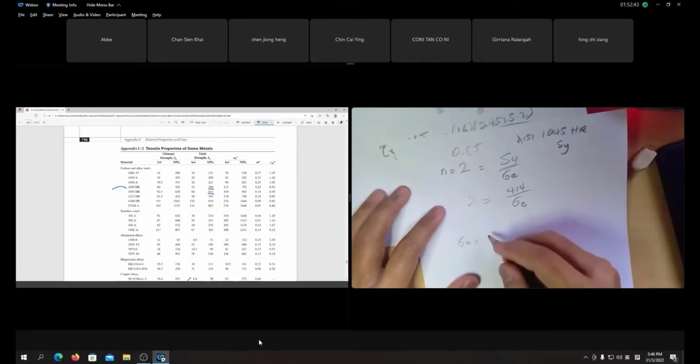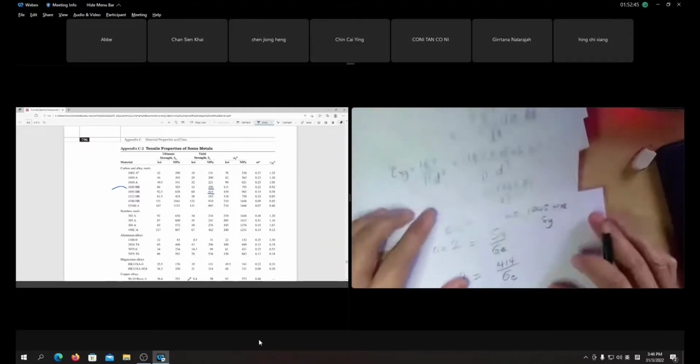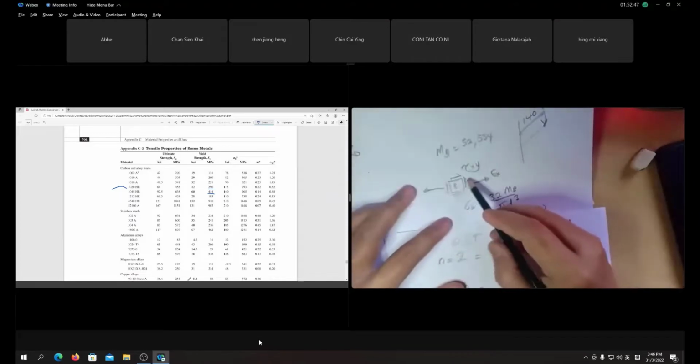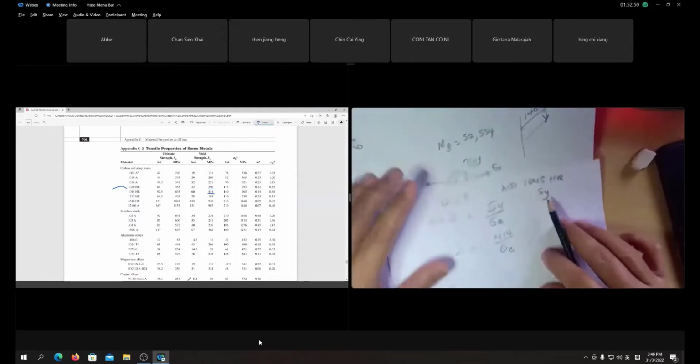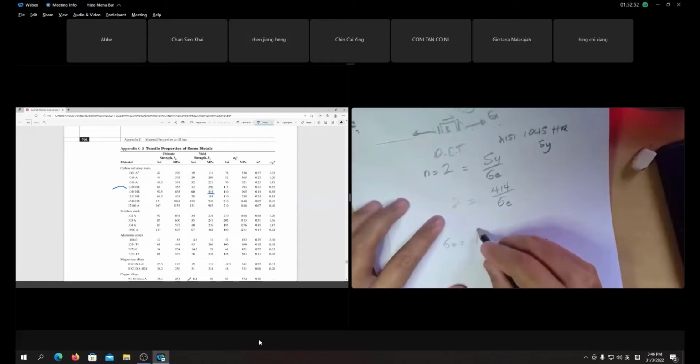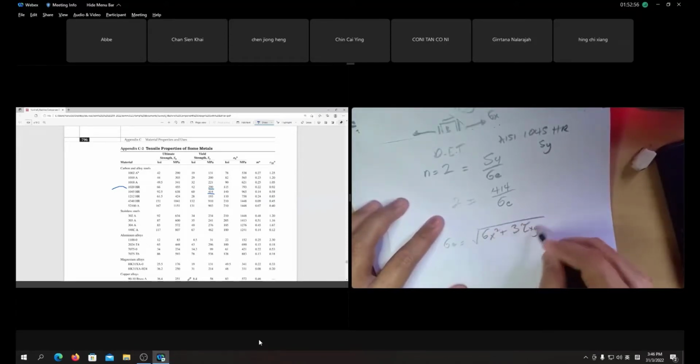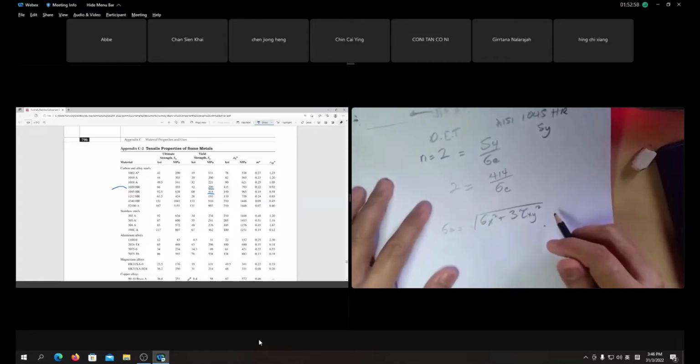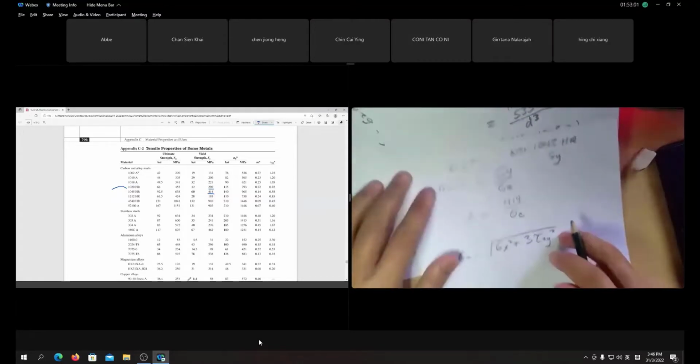In our case we only have biaxial stress, sigma X and tau XY. The shortcut is sigma E equals square root of sigma X squared plus 3 tau XY squared. Are you with me, class?